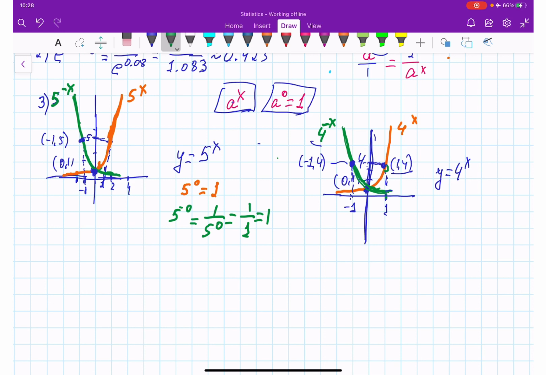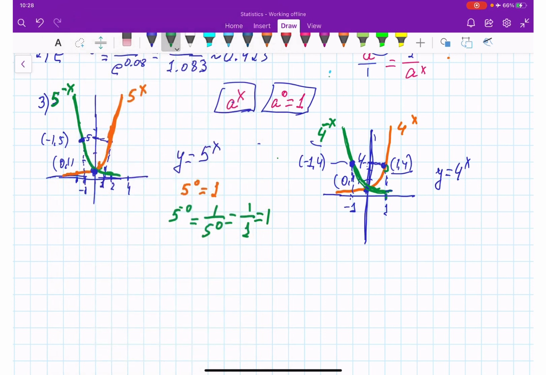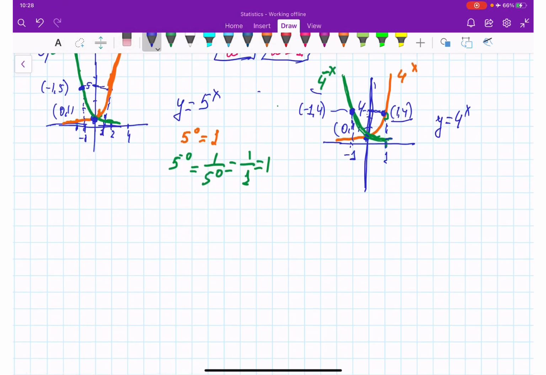Okay. Question number 4. All right, it says graphing: we are going to graph 3 to the power x.